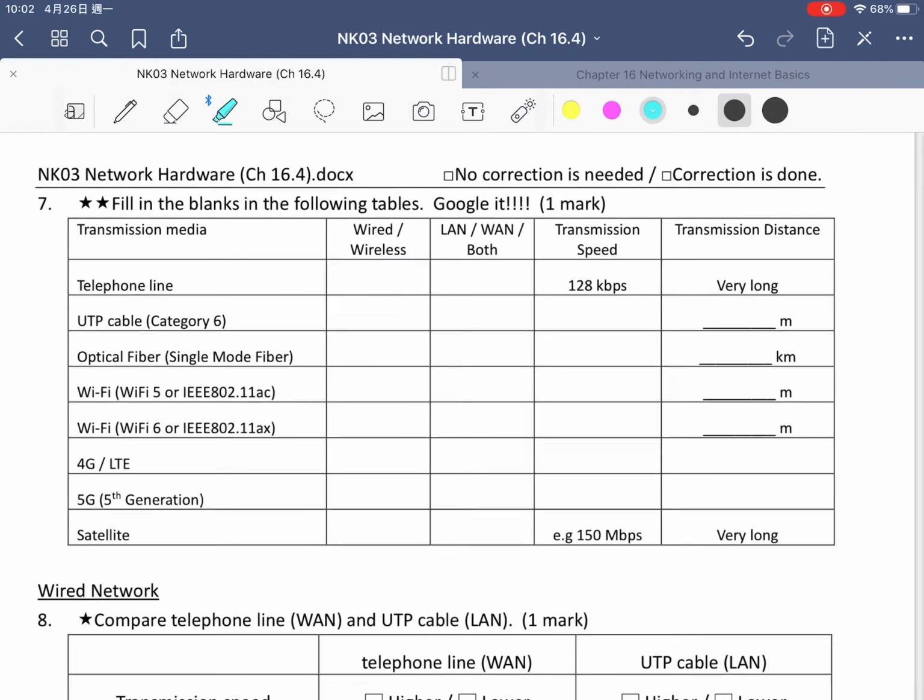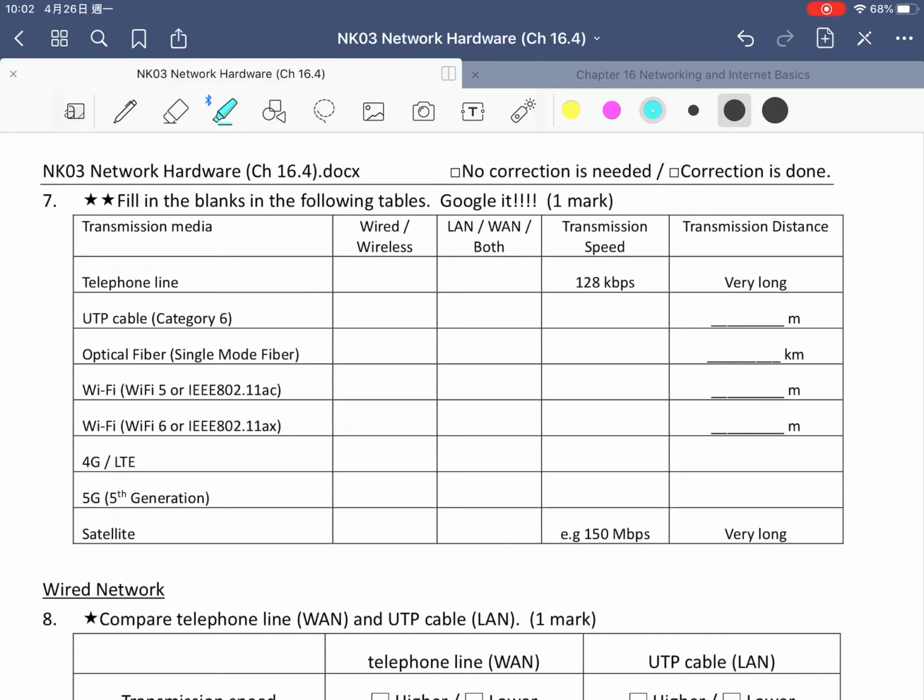And then question number 6 is about different types of transmission media. You have to Google it. For the telephone line, UTP cable, optical fiber, they are wired. And then Wi-Fi, Wi-Fi 6, Wi-Fi 5, and 4G, 5G, and satellite, they are wireless.